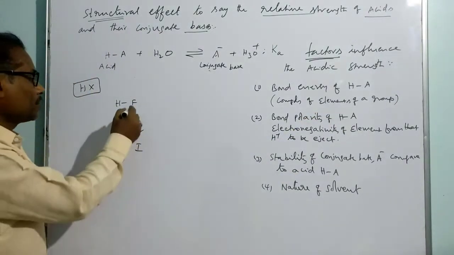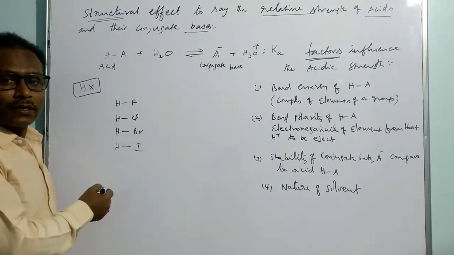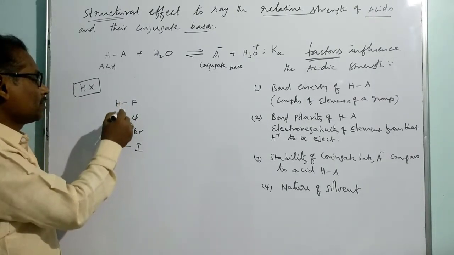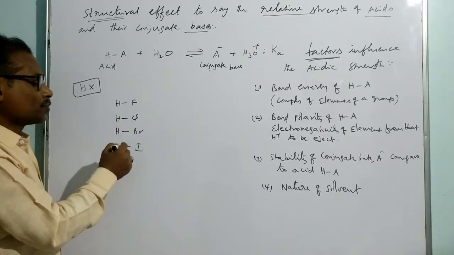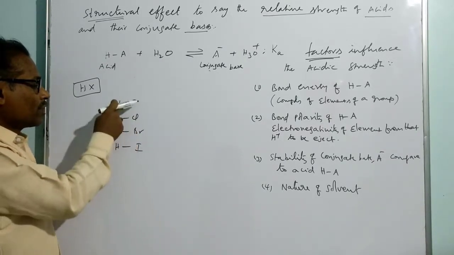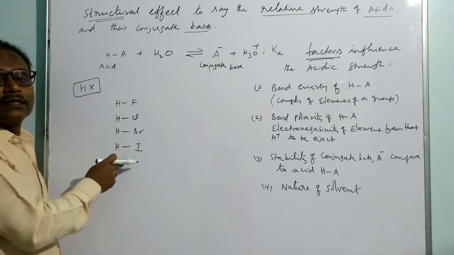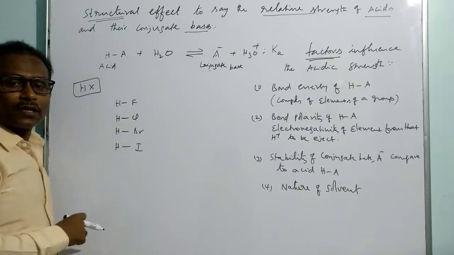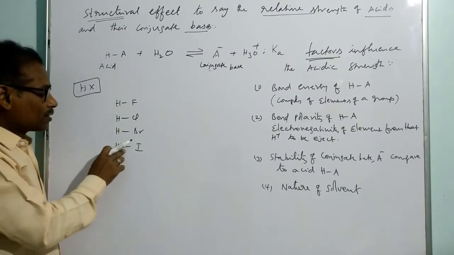In any group, as the size of the element increases, the bond length increases, and as bond length increases, the bond is easier to break. I want to say that in any group, as bond length increases, the bond energy decreases. So among these substances, which one breaks the bond easily?